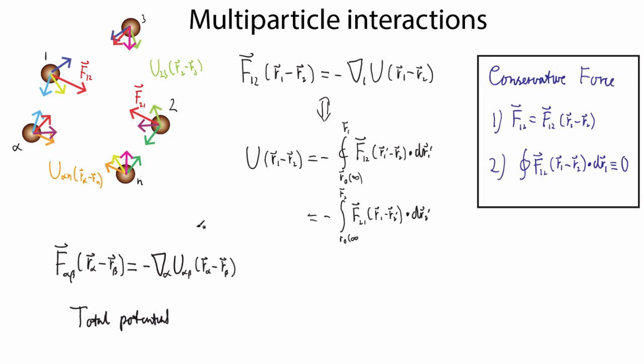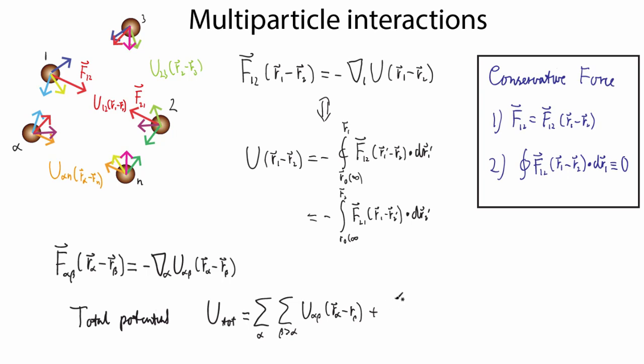The total potential you get simply by summing up all the various different potentials that you have. Right, starting with u12, which depends on the position of the first two particles, and all the other pairs. And you get then that u total is going to be the sum over alpha and over beta greater than alpha, I'll explain why in a minute, of u alpha beta, which depends on r sub alpha minus r sub beta.